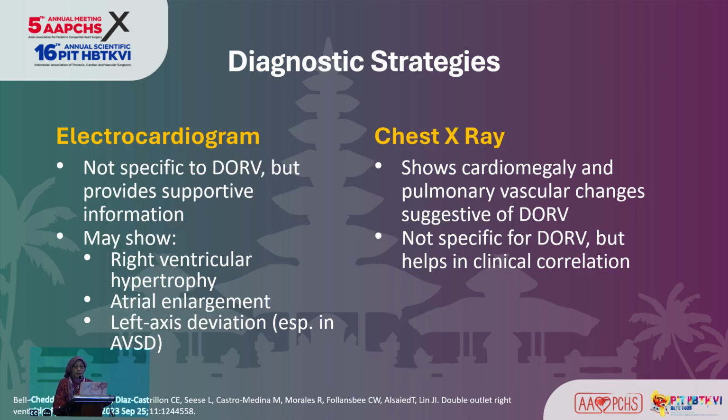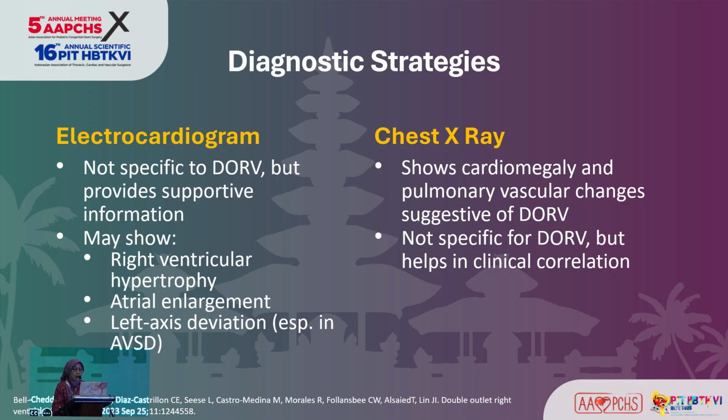In terms of diagnosis strategy, the ECG is not specific for double outlet right ventricle, but it provides supportive clues. Common findings include right ventricular hypertrophy, atrial enlargement, and in some cases, left axis deviation, especially when associated with AVSD. While ECG alone cannot diagnose double outlet right ventricle, it contributes to the overall assessment, particularly when correlated with imaging findings.